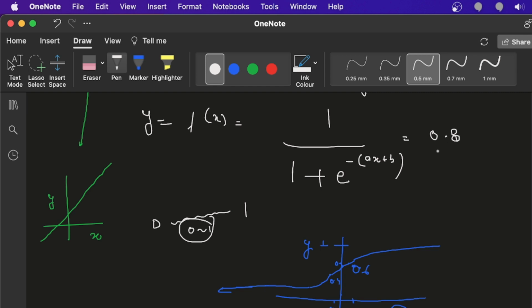It means there is an 80% chance that this person passed the examination. And if you get 0.3, it means a 30% chance that this student passed the exam. So I will convert 0.3 to 0 and 0.8 to 1.